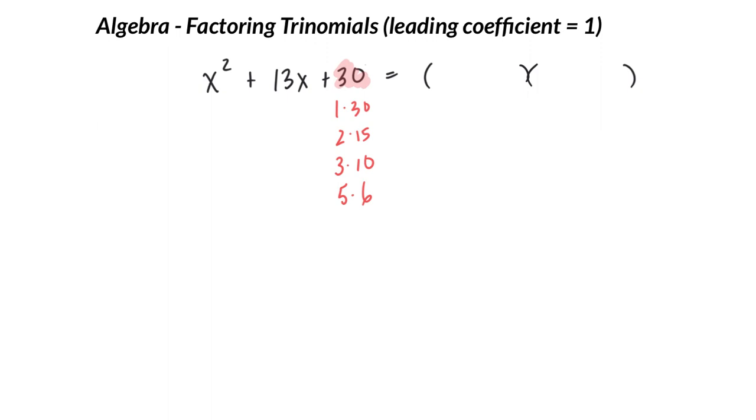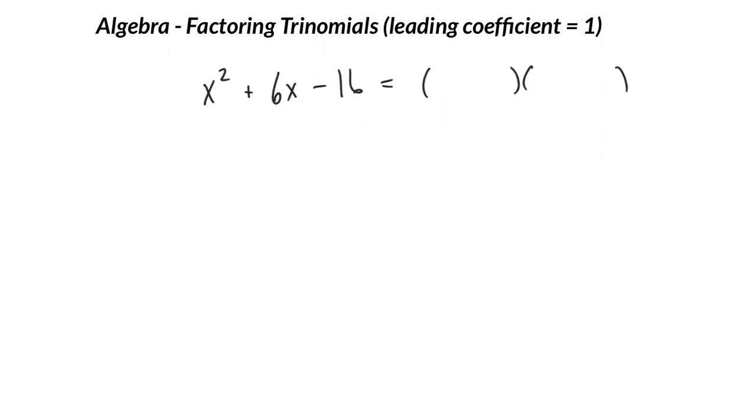The reason I would do that instead of starting over here and saying, well, what numbers add up to 13, is an infinite number of numbers add up to 13. I can think of an infinite number of pairs. But there's a limited number of whole number factors that can do 30. Now go through which of these will add up to 13. And of course, there it is. 3 and 10 will add up to 13. So my factors are x plus 3 and x plus 10.